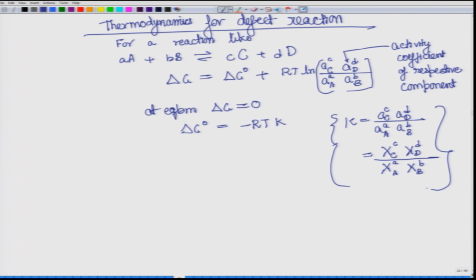So, now we have a relation similar to what we had derived earlier. Actually, there is one more step before that. We know that delta G naught is equal to minus RT ln K. Here the ln was missing.